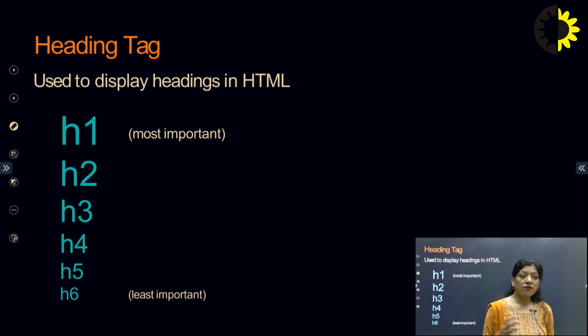The priority of the H1 tag is high, and H2 is less, H3 is more or less, H4 is more or less, and H5 is more or less, H6 is minimum. So if we want to type some main heading, the most important part, that time we use the H1 tag, and if something is least important, that time we use the H6 tag.